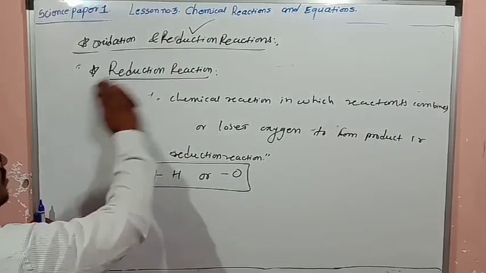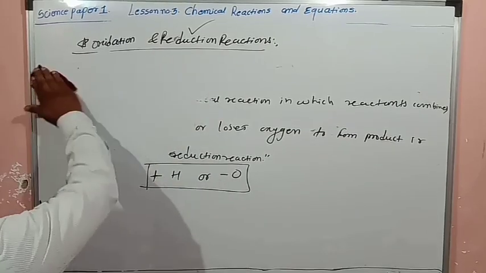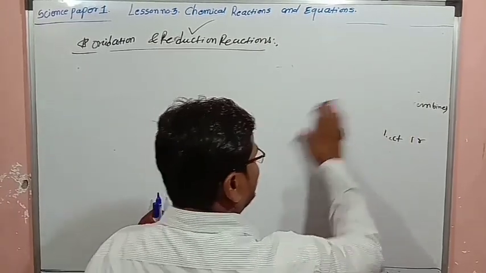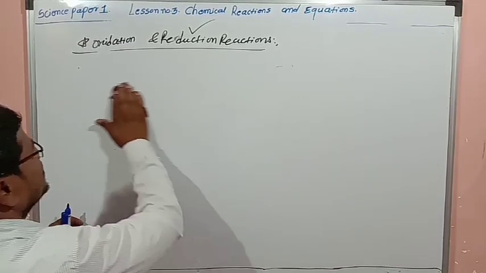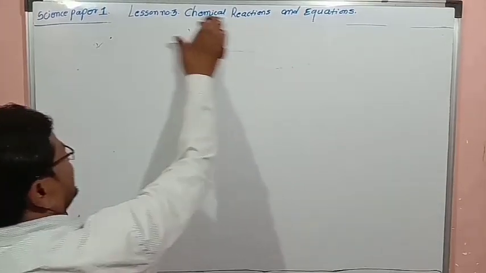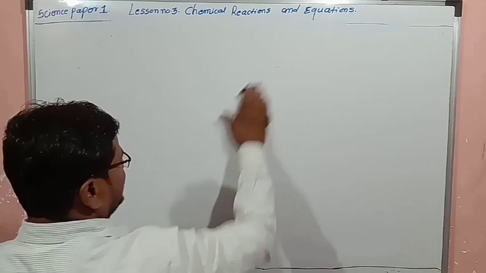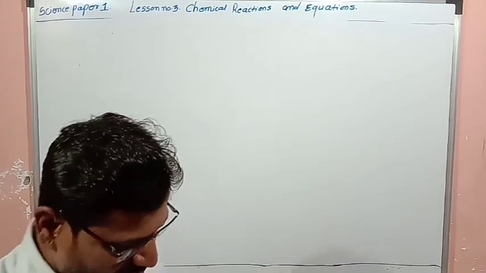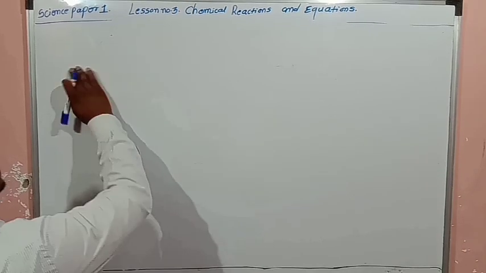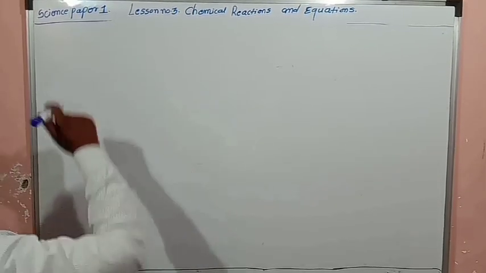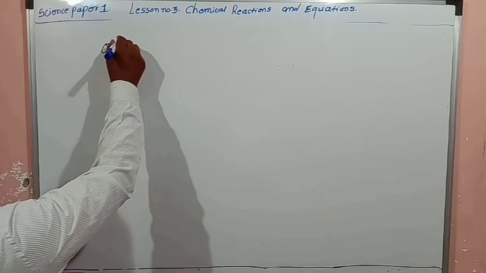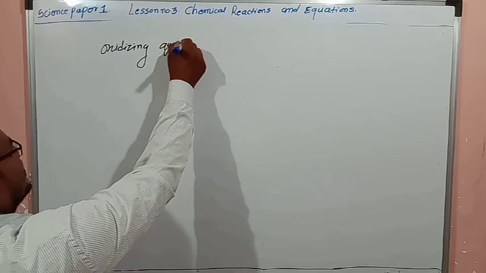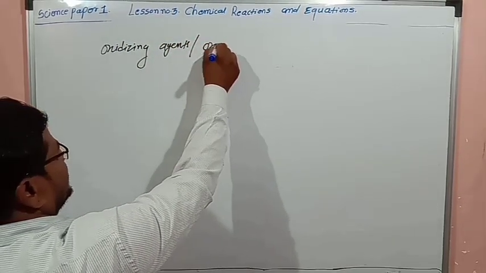To bring about oxidation reaction and reduction reaction, some other specific chemical substances are used, and those specific chemical substances are called oxidizing agents or oxidants.